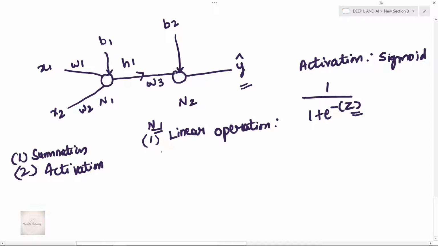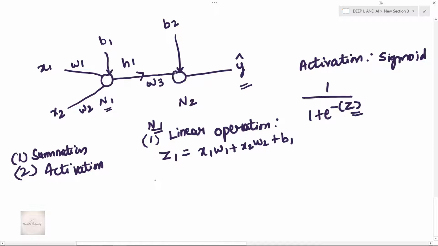So I can write Z1 is equal to X1 W1 plus X2 W2 plus B1. This is the value that I get after I perform the linear operation on my neuron N1.